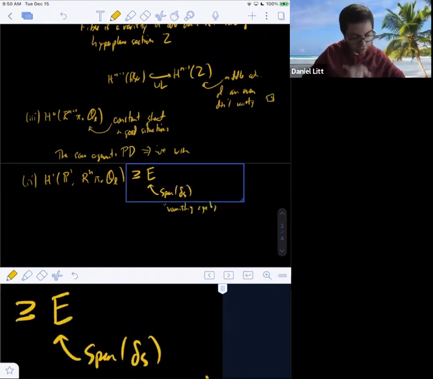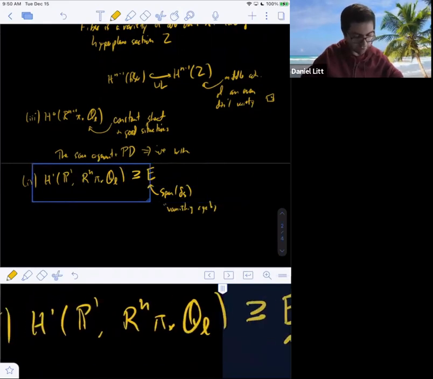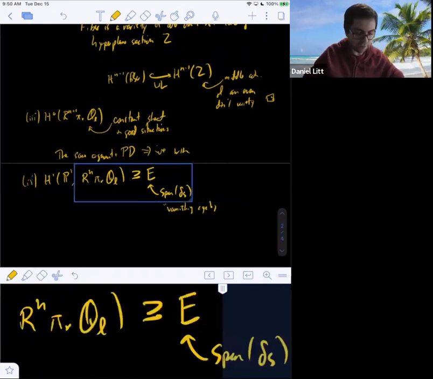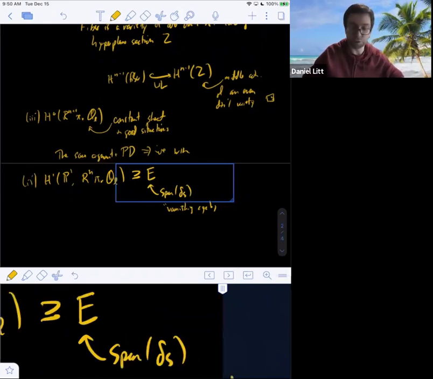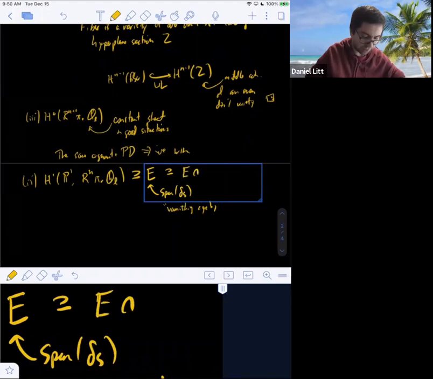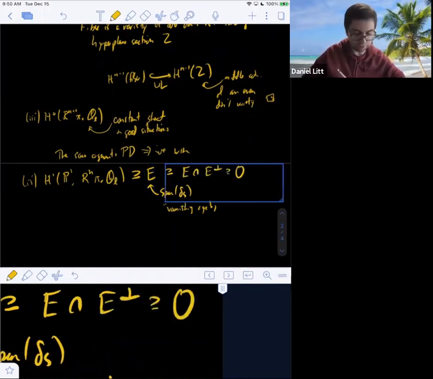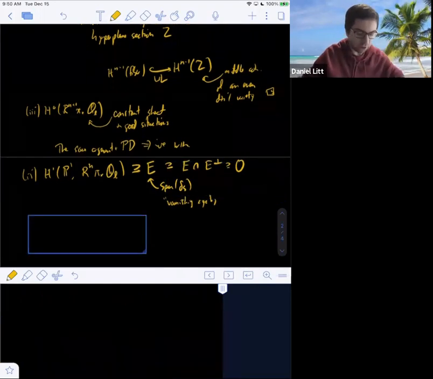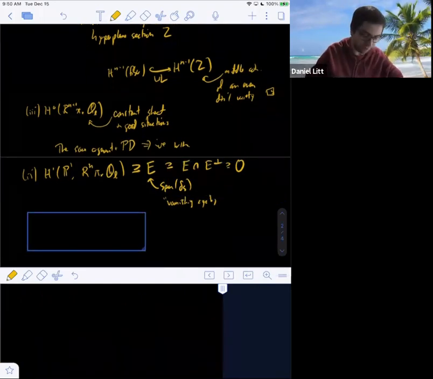We argued that this vector space had a skew symmetric product on it, and inside of E we had E intersect its orthogonal complement under this product, and then inside of that we had 0. Okay, so we're just going to study 3 pieces.